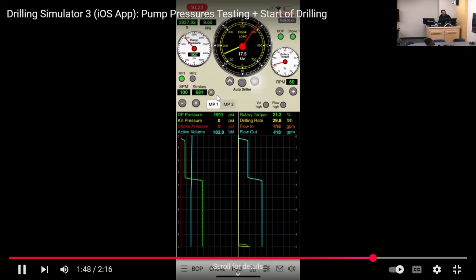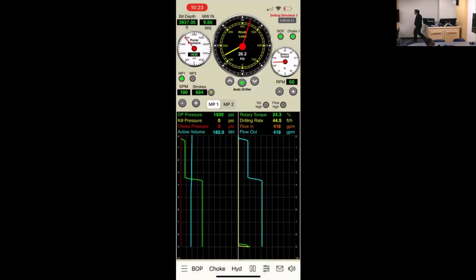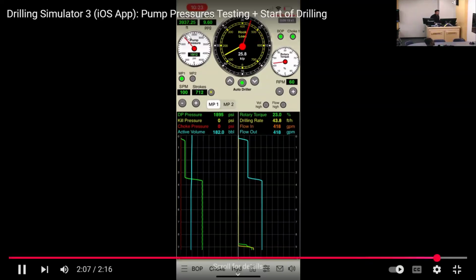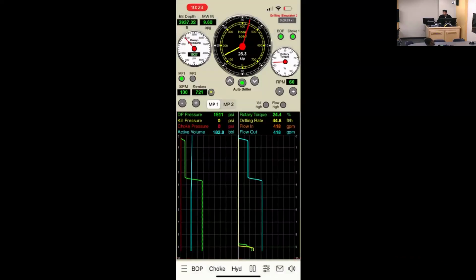But yeah, and now I'm applying weight on the bit. Look at where the needle went to, 26, 25 kips. And now, look, I have a drilling rate of 43, 44 feet per hour, right? If I show you guys, the video is going by very fast.